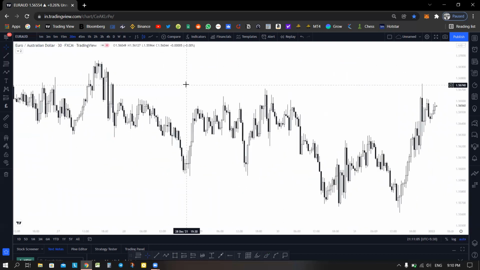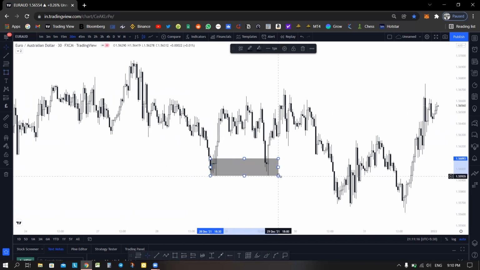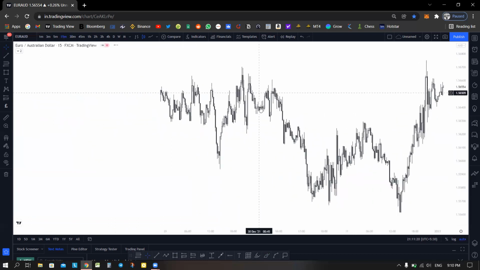As you can see here, this is an order block which got respected. Wait, let me go on a lower time frame.